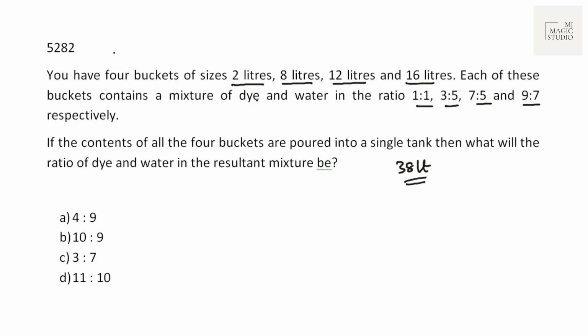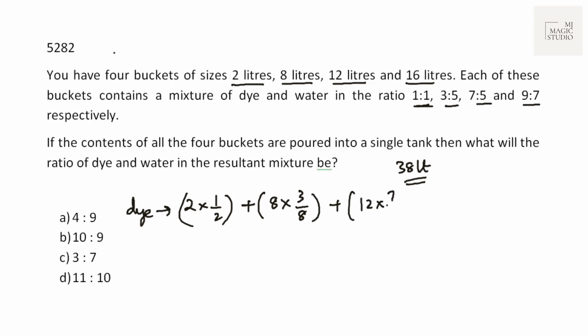So let me just find out how much is dye in these containers. In the first one, it is 2 into half. We need to multiply the volume of the bucket with the proportion of dye. Plus in the second one is 8 into 3 by 8. Third one is 12 into 7 by 12. Fourth one is 16 into 9 by 16.